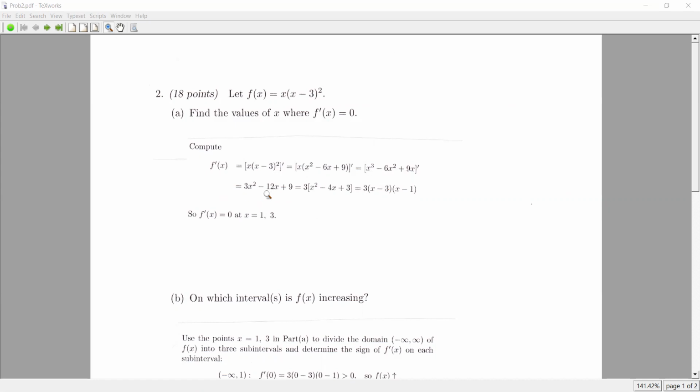To find the roots of this polynomial, I factorize it into these products. Now, from these products, I can see that the derivative is 0 at x is 1 and x is 3. Derivative is 0 only at these 2 points.